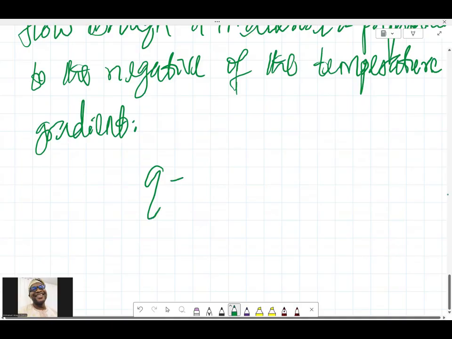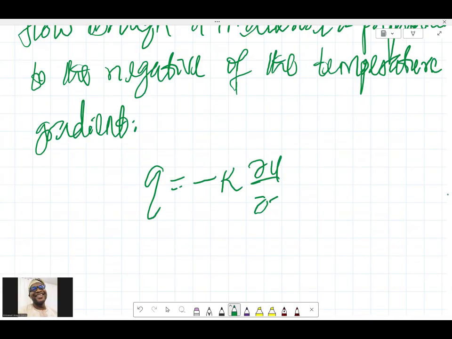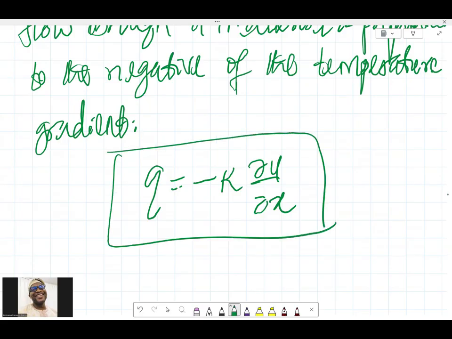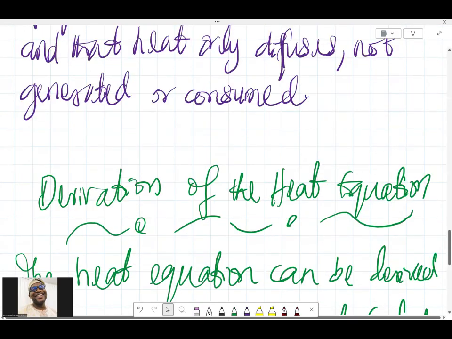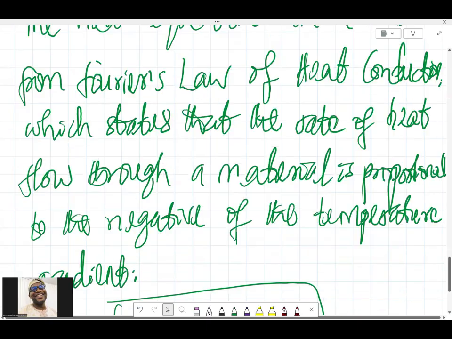So that tells us that Q is equal to minus K partial U partial X. This is Fourier's law of heat conduction in brief.